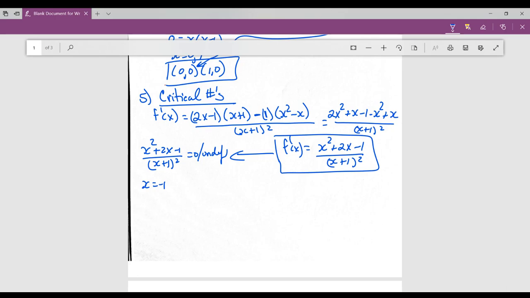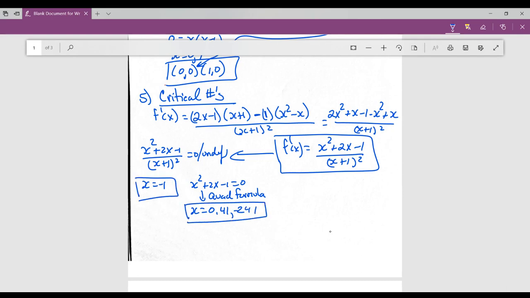Now, the top, what is going to make that equal to 0? Well, you're going to have to use quadratic formula, of which I am not going to do. So you would essentially take this quadratic formula and it would spit out x equal to 0.41 and -2.41.